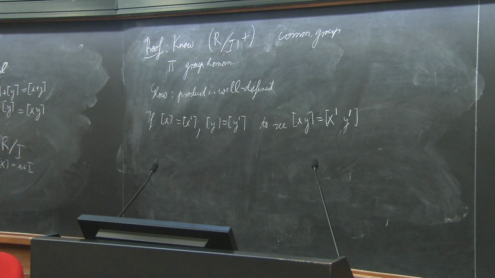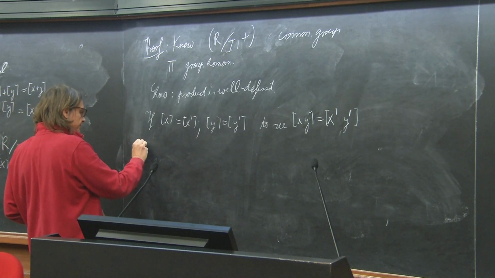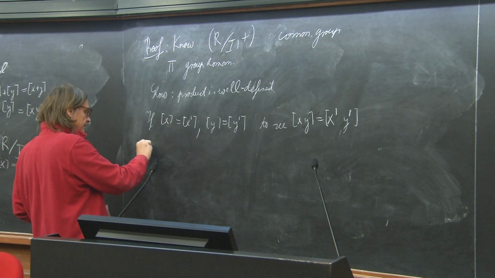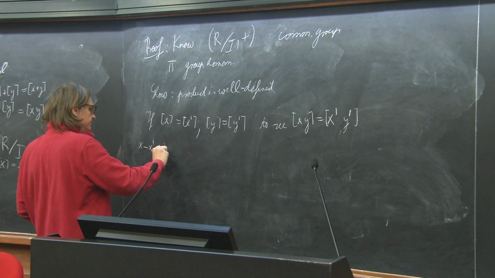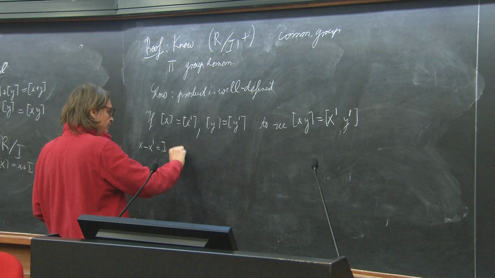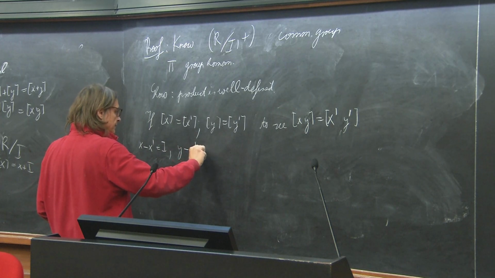Okay, so we just write it out. What does it mean? That x is equal to x prime means that x minus x prime is an element in I. In the same way, y minus y prime is an element in I.